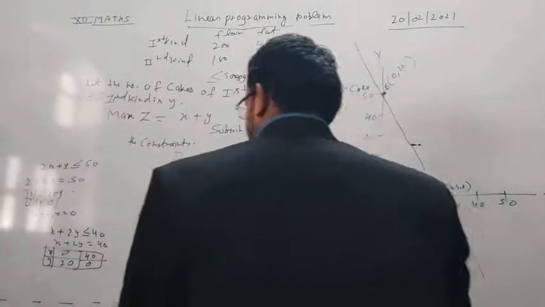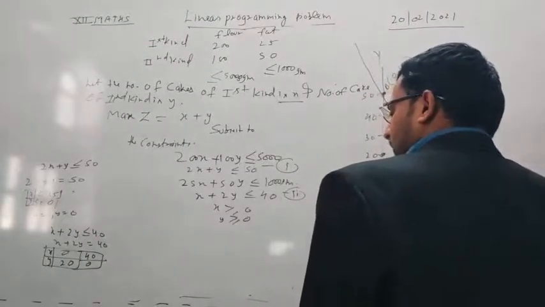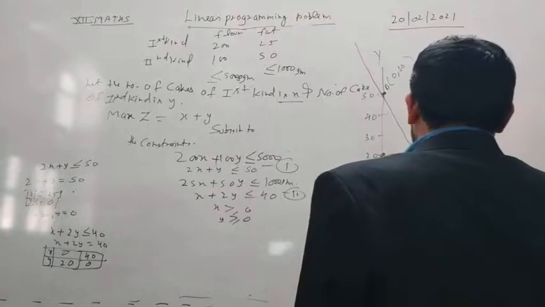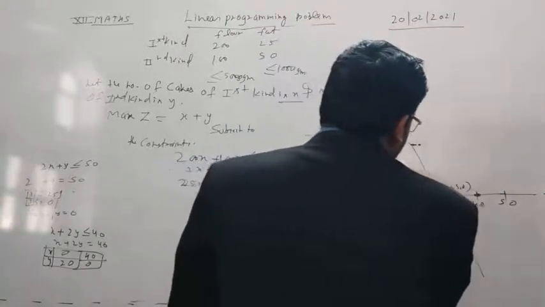So our points are (0, 20) and (40, 0). We draw these two points and join them.